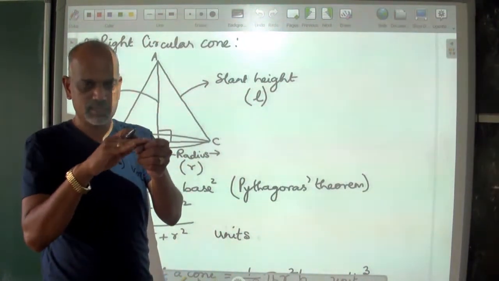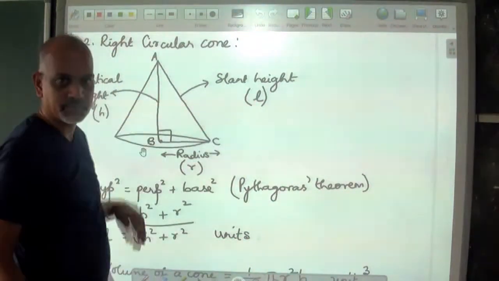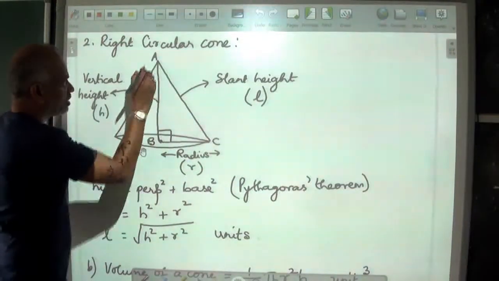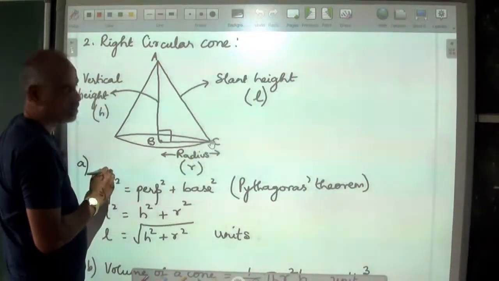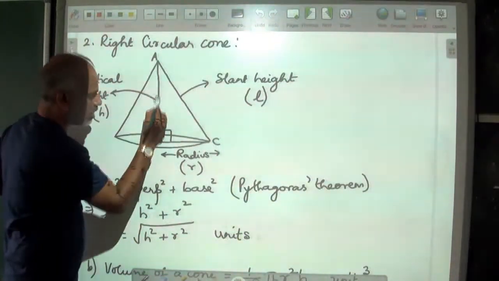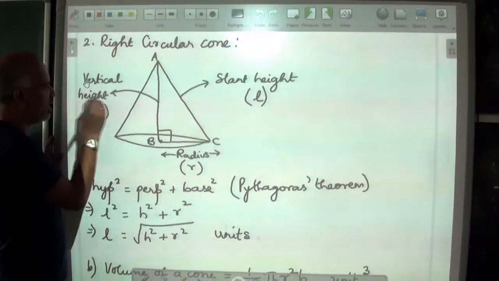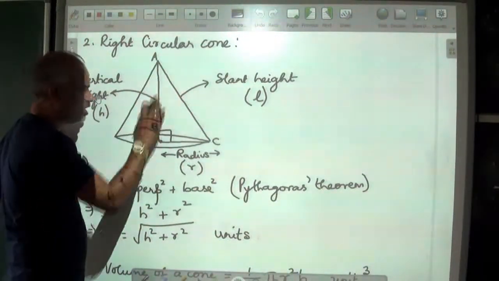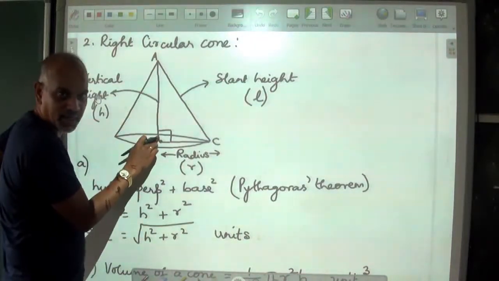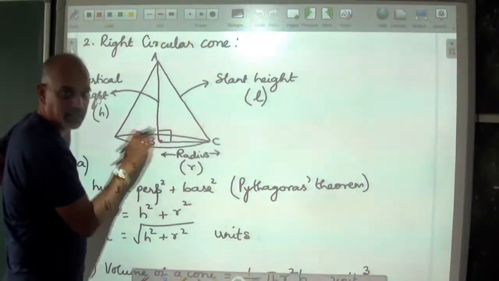It's a circle. Now, invert it. This is what you will get. Now, I've named this point as A, this is B, and this is C. This line which I have drawn from here to here is called the vertical height, represented with a small h. This is the vertical height or the perpendicular height, because this line and this line are perpendicular to each other.